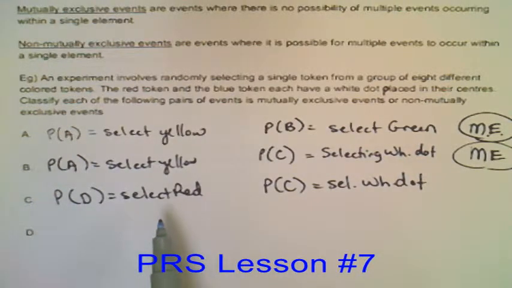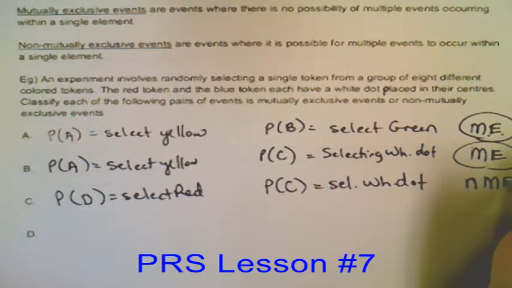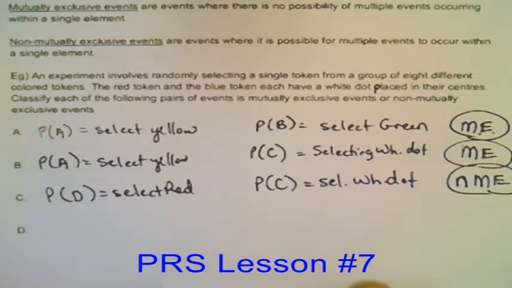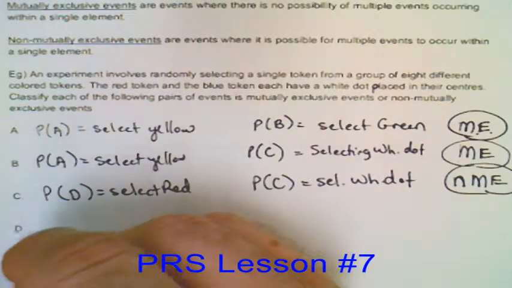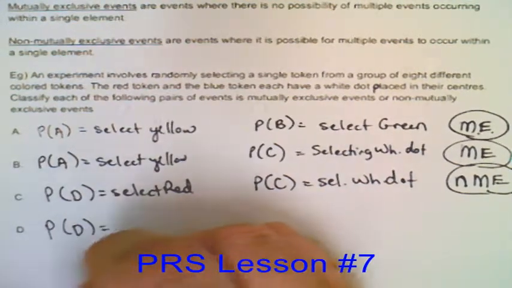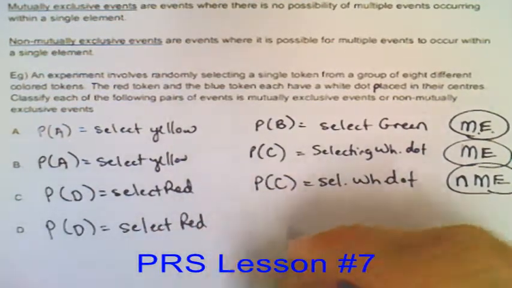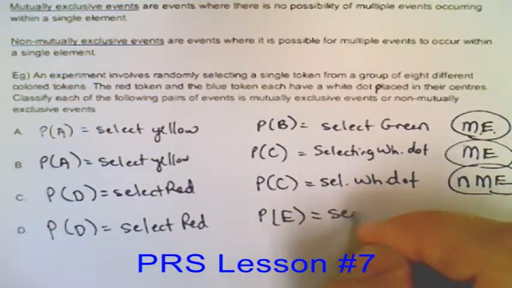The red and the blue token each have a white dot. So if I get the red token, I've also got the white dot. If I get the white dot, I also could have a red token. I may not, but I could. There is the possibility that they go together. So this is non-mutually exclusive, because there is the possibility they occur together.